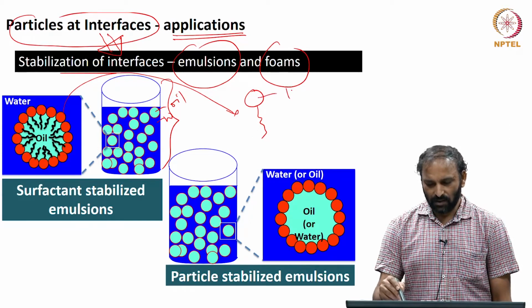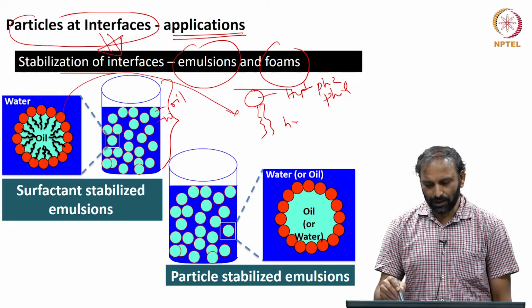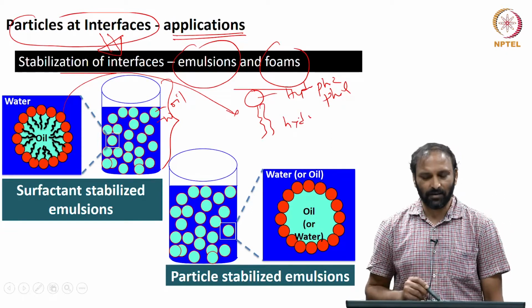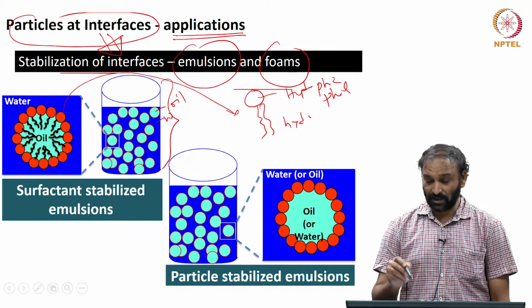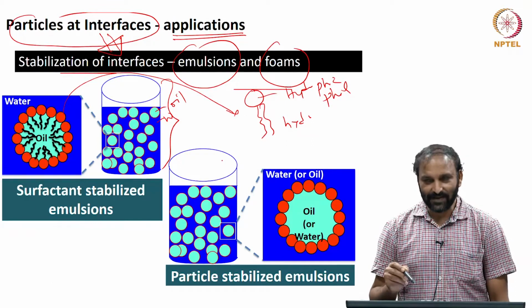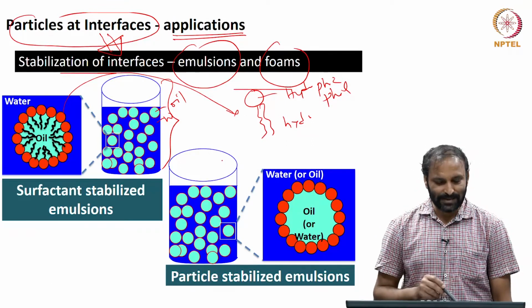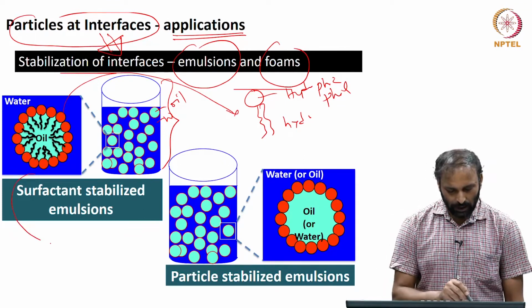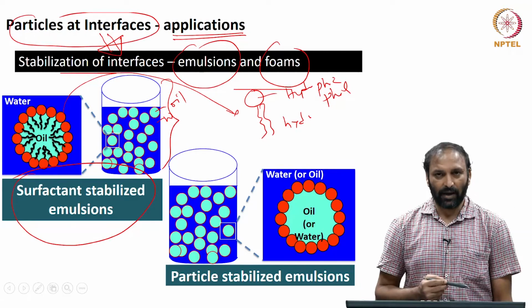The head is the hydrophilic part of the surfactant, and the tail is the hydrophobic part. We know that surfactants are surface active and go and sit at the interface, and you can get what are called surfactant stabilized emulsions.